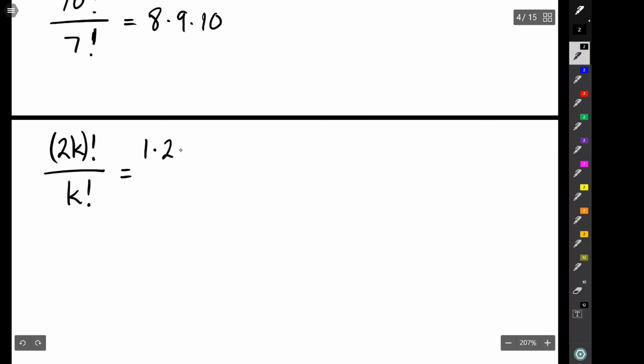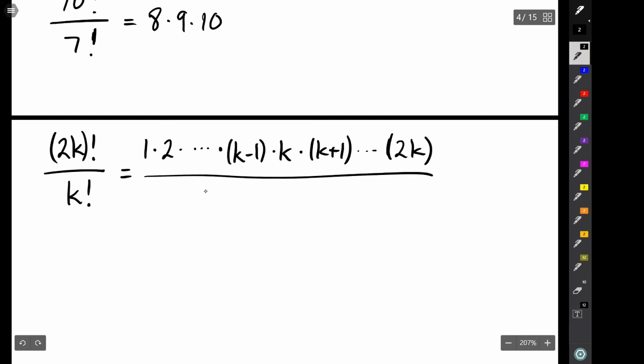Here we have 1 times 2 times ... times k minus 1 times k plus 1 ... through 2k. And on the bottom, I have 1 times 2 times ... times k minus 1 times k, and that's it.